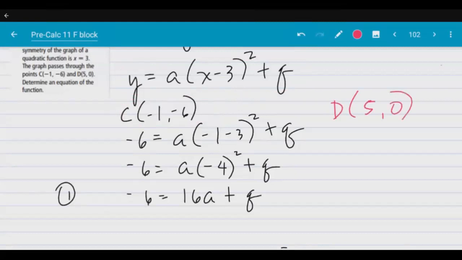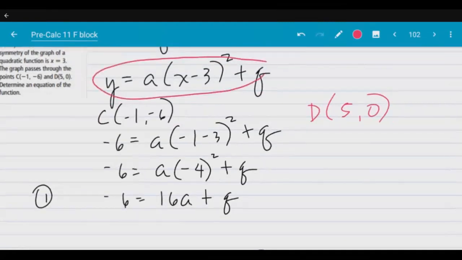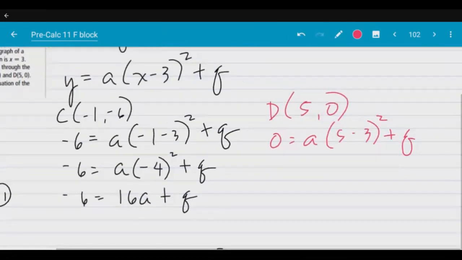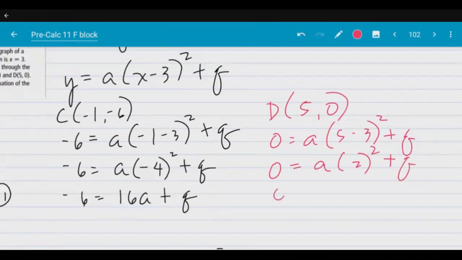So I will also use those values in place of the xy here, wherein 0 is equal to a times (5 - 3) squared plus q. Or to simplify, 0 is equal to a times 2 squared plus q. Or 0 is equal to 4a plus q.